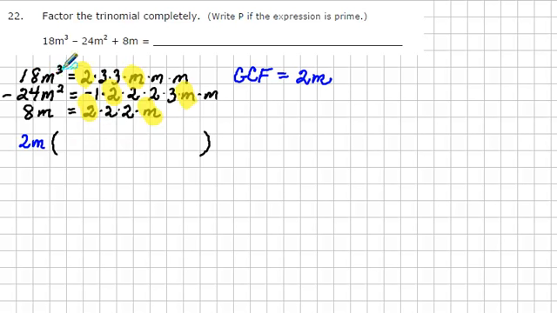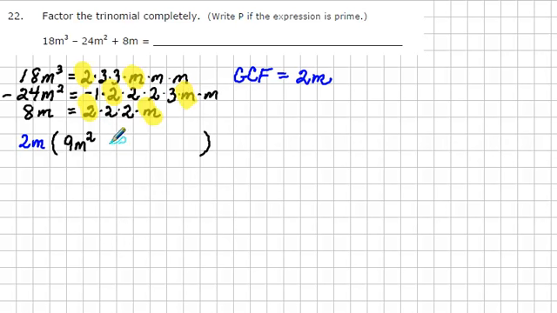So for 18m cubed, the remaining factors are 3, 3, m, and m. When we multiply those together, we get 9m squared. For minus 24m squared, our remaining factors are negative 1, 2, 2, 3, and m.